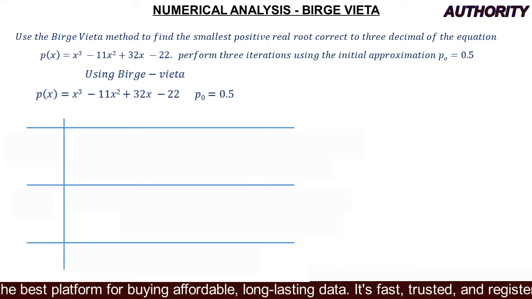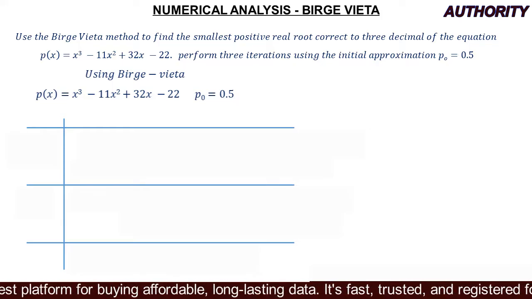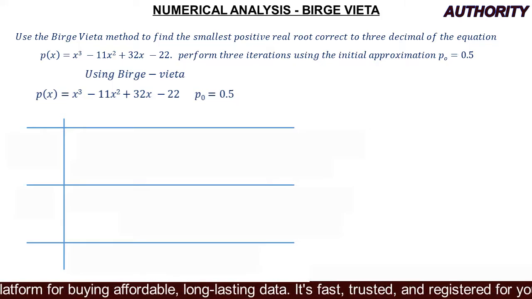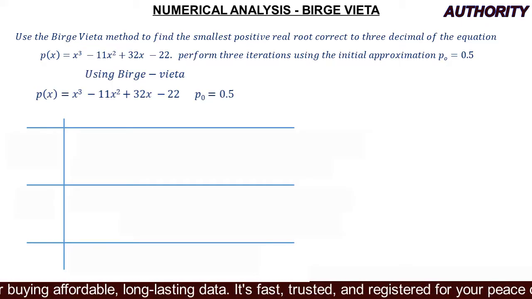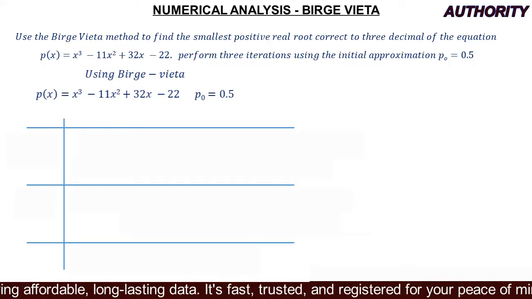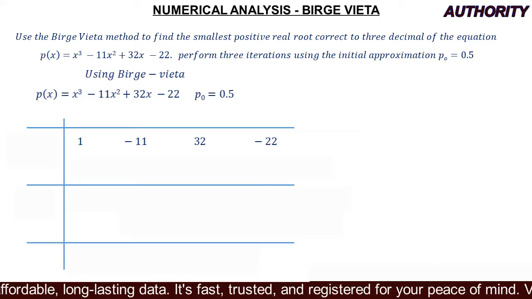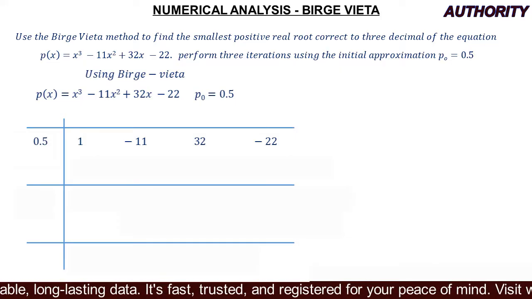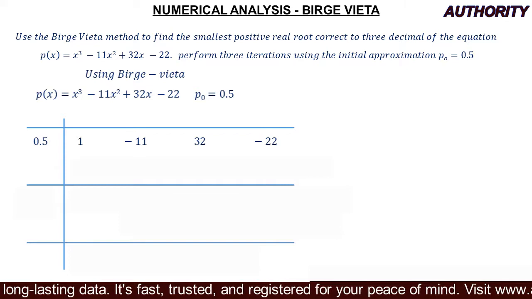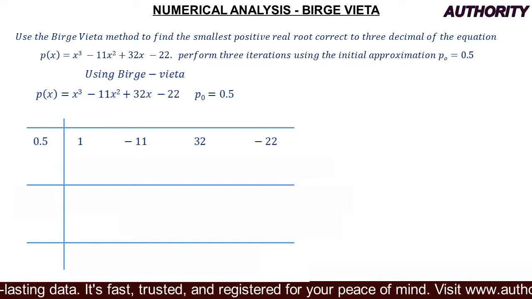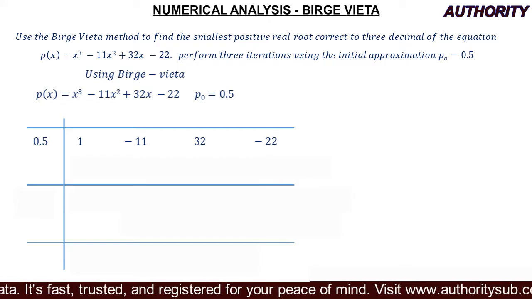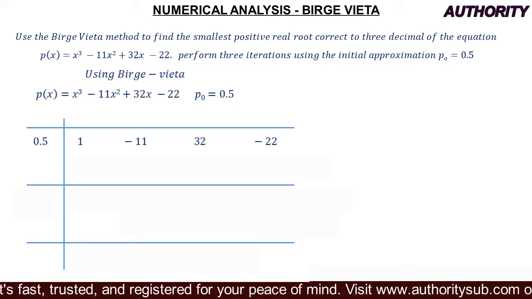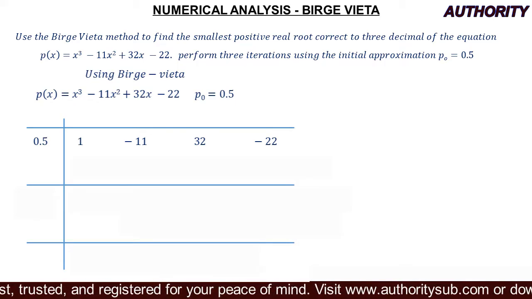Now look at it. We are going to arrange the coefficients in a table, the coefficients and then our p naught. So we have the coefficient of x cubed is 1, coefficient of x squared is minus 11, coefficient of x is 32, coefficient of x raised to power 0 is minus 22.